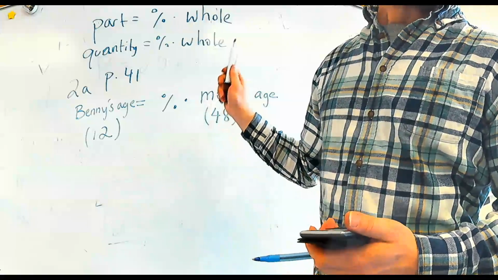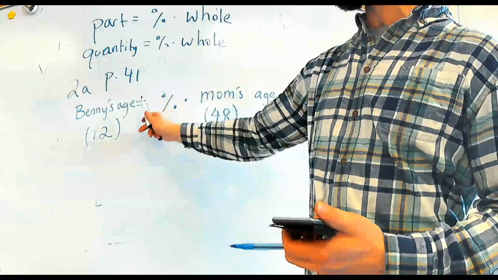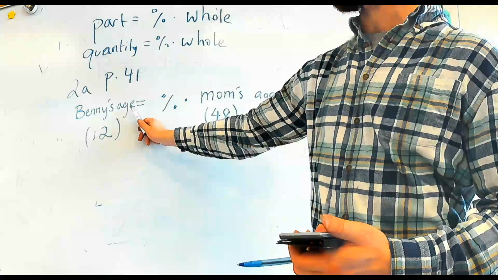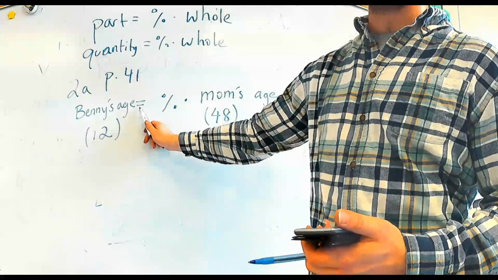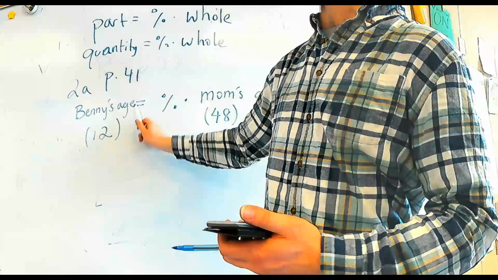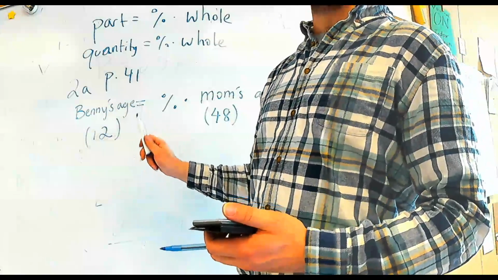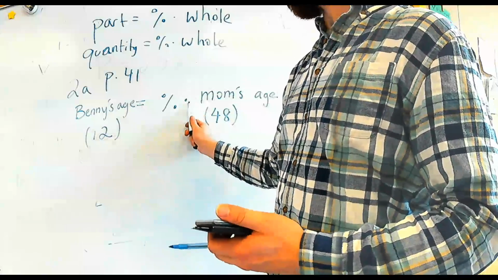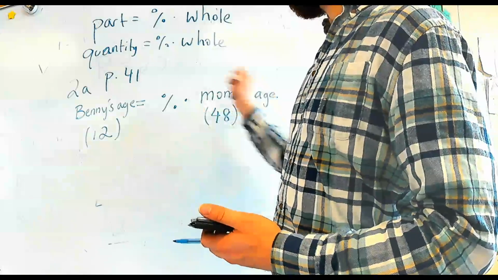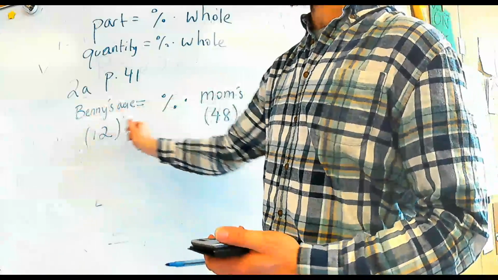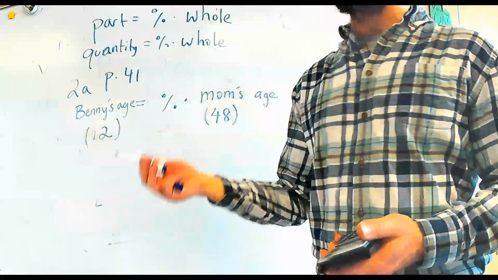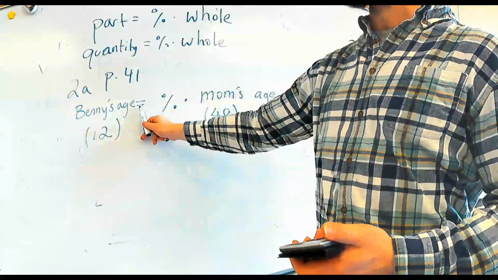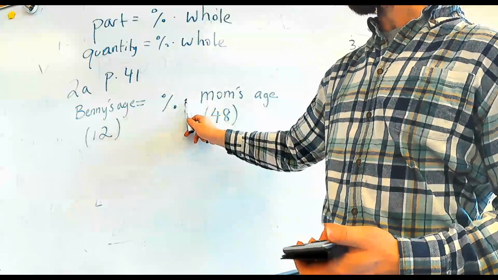Last part of that question is Benny's age. Remember, is means equals. Benny's age. So one more time, let's put that all together. What percent of his mom's age is Benny's age? Notice how when I read that, I noted each word and the sign that correlates with it.